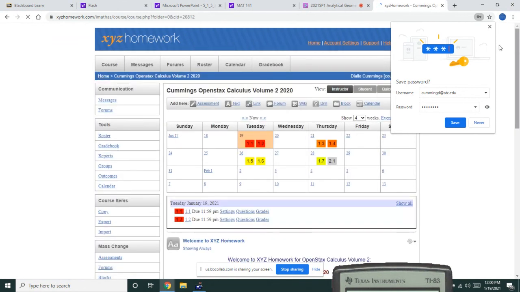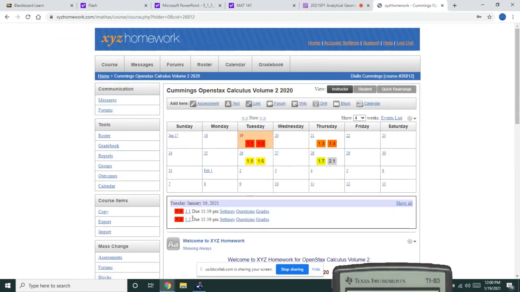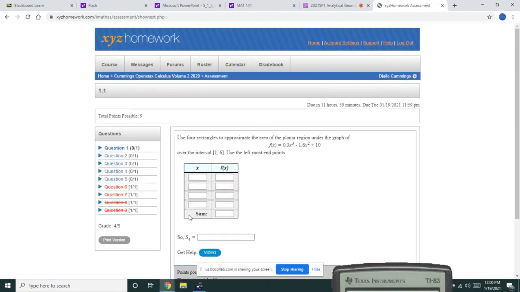I just want to point out a couple things. In this section 1.1 homework, problems number 6, 7, 8, and 9, you want to just omit those. I tried to take them out, but I believe once the homework was opened, you can't go back in. These problems deal with 30 and 40 rectangles, which is a little bit absurd to do. So I have taken those four problems out.